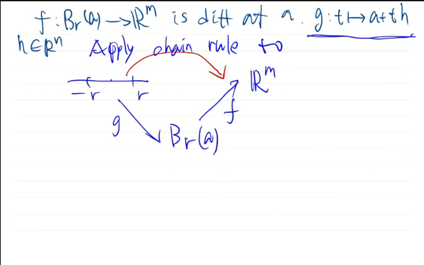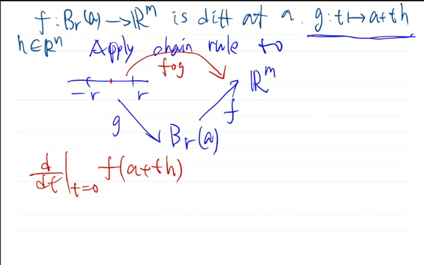By the chain rule, this map is the composition. We take the derivative of the composition at t equal to 0. What's this? g(t) is a plus t h. Therefore, the composition at t is f(a plus t h).